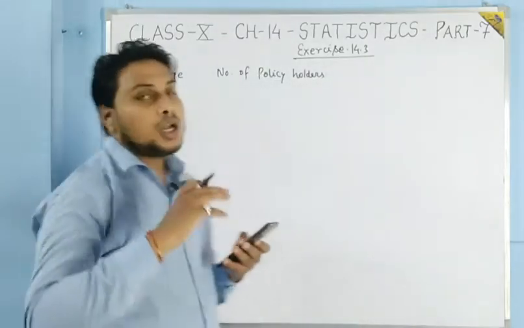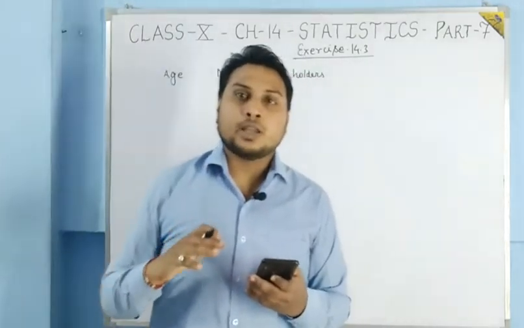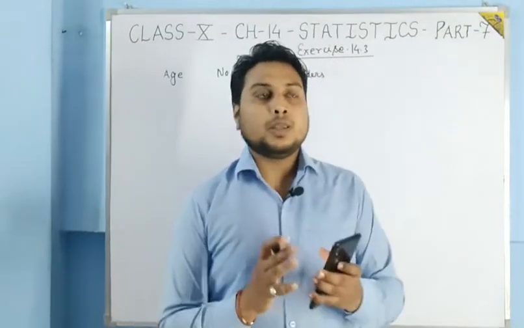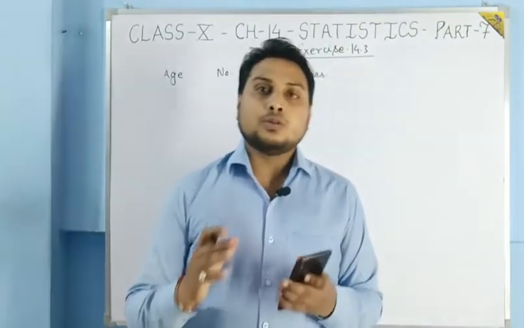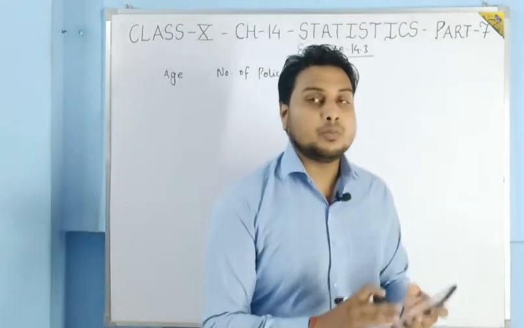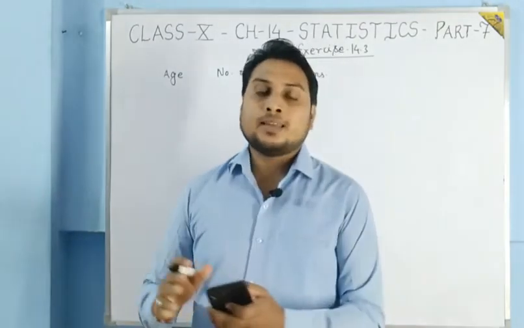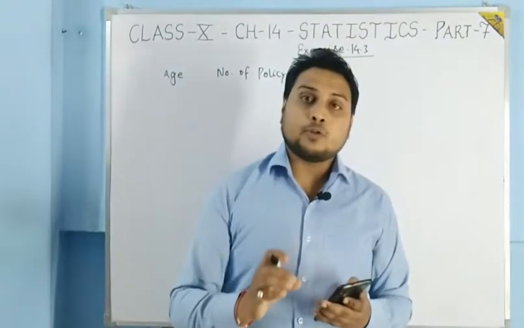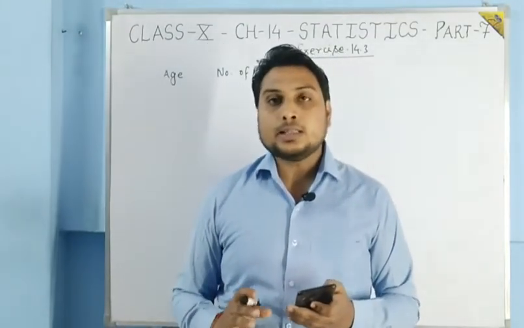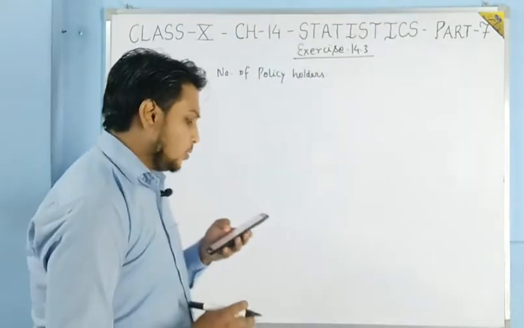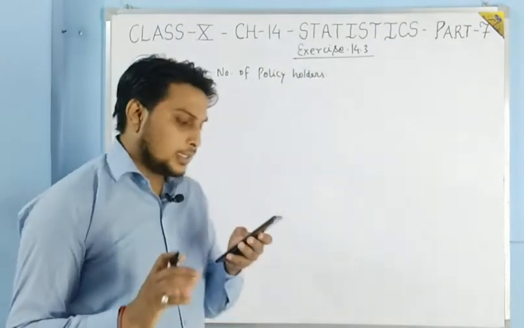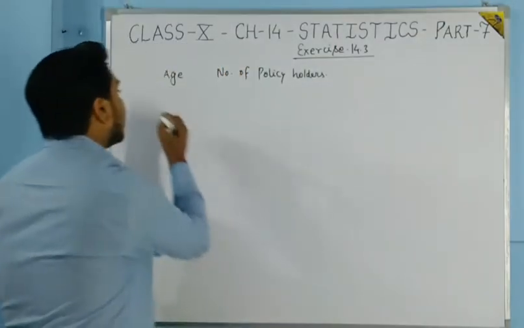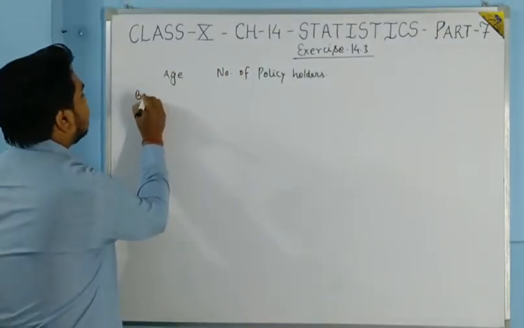Students, the limitation is there, meaning it is said that the policies will be given only to those who have a minimum age of 18 and a maximum age of 60. Means the starting point is 18 and the ending point is 60. So in the first row it is written below 20.